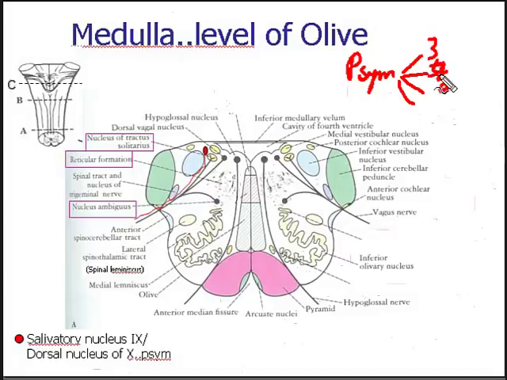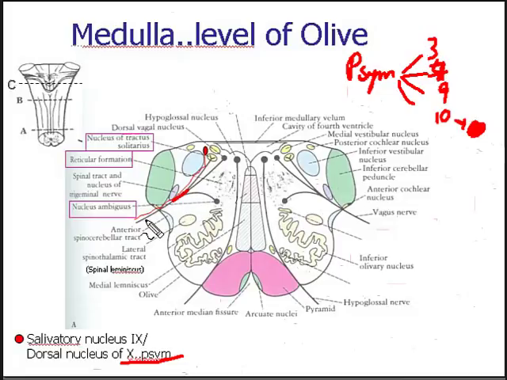That part of the parasympathetic which is related to the 10th forms a separate nucleus which is known as this dorsal nucleus of the vagus. So this dorsal nucleus of the vagus is the parasympathetic component which travels with the vagus. So here is the dorsal nucleus of the vagus. Here is the nucleus ambiguus. So you can see that, as the axons pass out, they go in the vagus, in the 10th cranial nerve.